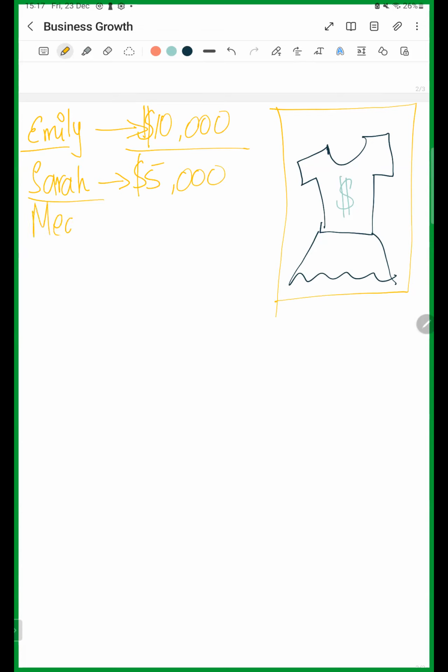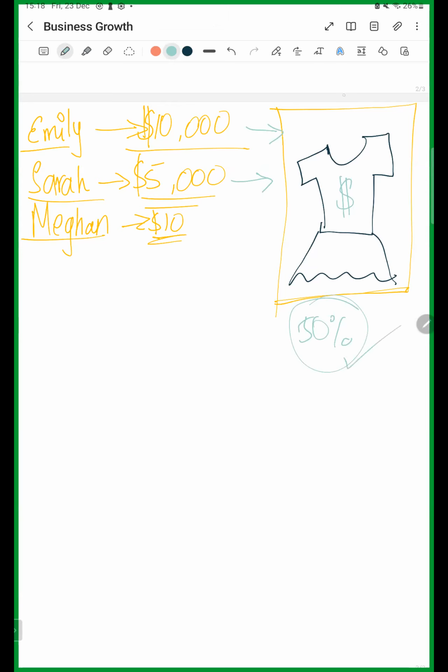Megan, let's say, says, I'll give $10. So when you buy the dress, Sarah has some ownership over your dress, right? She has 50% ownership of your dress, does she not? Yes. So she has some ownership over your dress.